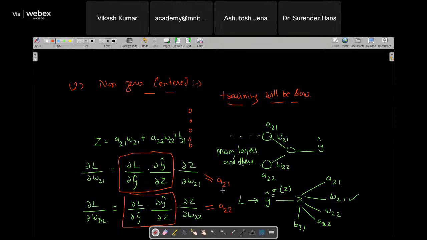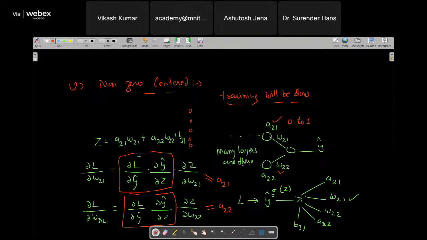A21 and A22 are the outputs of the sigmoid function, so their values lie between 0 and 1. So both are positive.